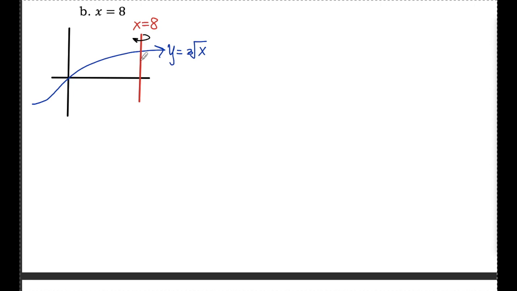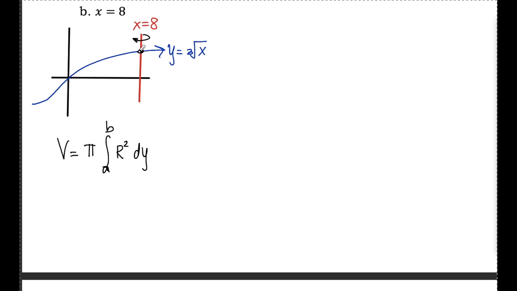Since I'll be rotating around a vertical line, the formula I need for this one is pi times the integral from a to b of R squared dy, where capital R is going to be in terms of y, and my a and b values are going to be y values. These bounds on the integral have to be the lowest y value of the bounded region to the highest y value of the bounded region.